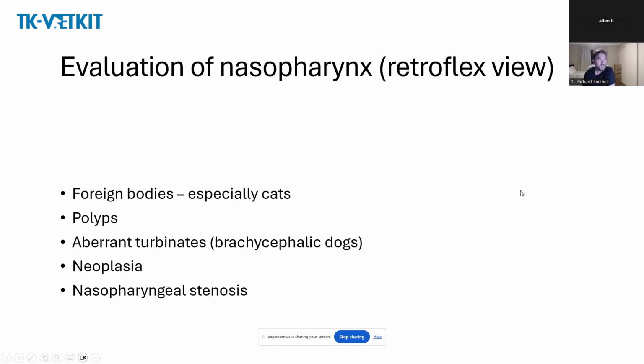Okay, so what the retroflex view is helpful for is foreign bodies, especially in cats. So cats like to get foreign bodies in the nasopharynx. This is a good way to visualize them. Also for polyps, cats can get polyps in that region, and very much for aberrant turbinates. I'll show you an example of those in a case later on in the slideshow.